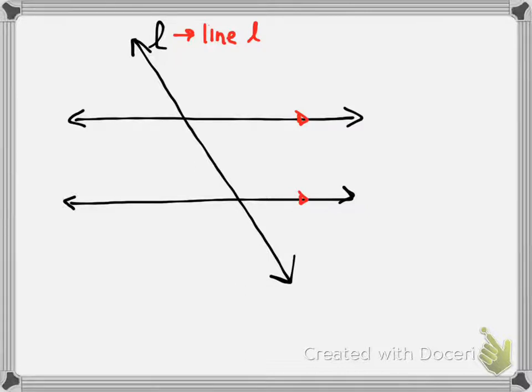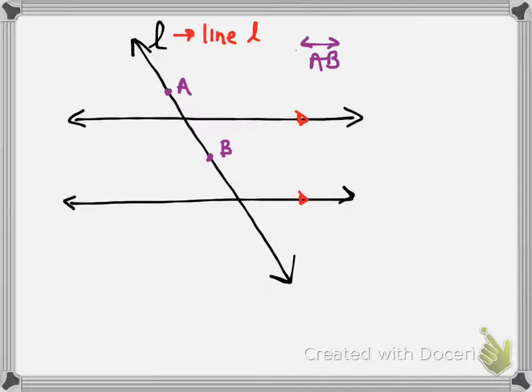So I'm going to put this on, but then I'm going to erase it. This could be point A, this could be point B, and then you could call it line AB, which would look like this. You would write the two points, and you would have a symbol of a line over the top.